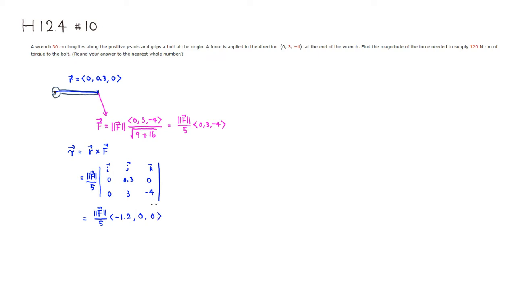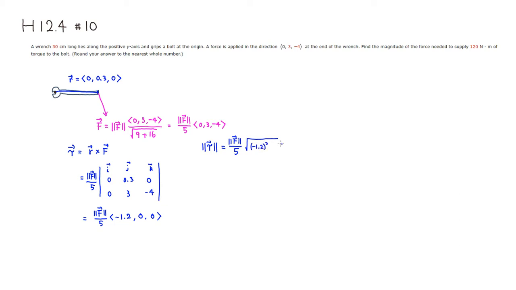Then we know that the magnitude of the torque is 120 newton meters. So the magnitude of the torque vector is going to be the magnitude of F over 5 times the magnitude of this vector, which is the square root of -1.2 squared plus 0 plus 0.